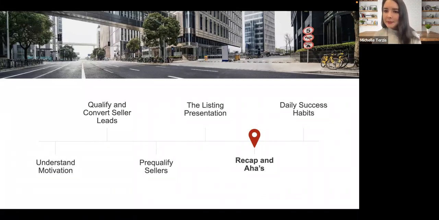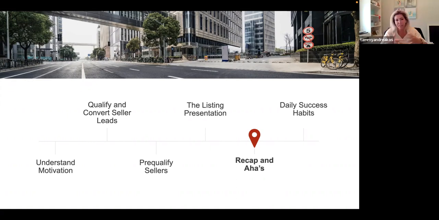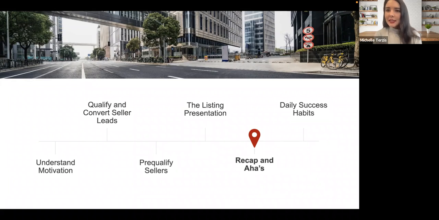Okay. And do you bind it, or do you just have it loosely, or does it really matter? I've seen agents bind it and it looks professional and awesome. I put it in a Keller Williams folder, which you can buy at the front desk, that just has the Keller Williams logo on it.